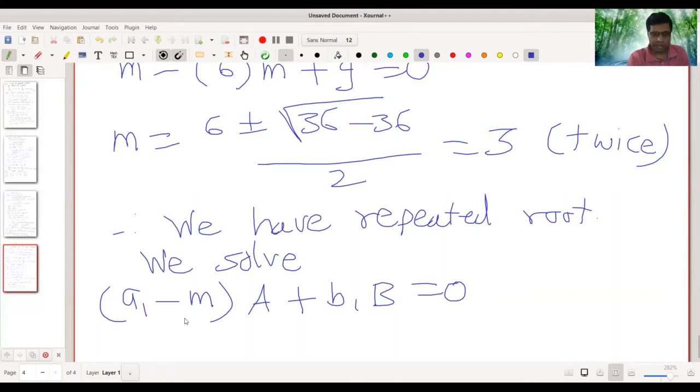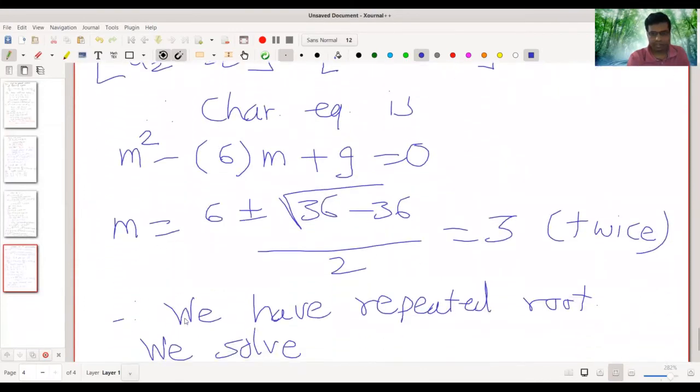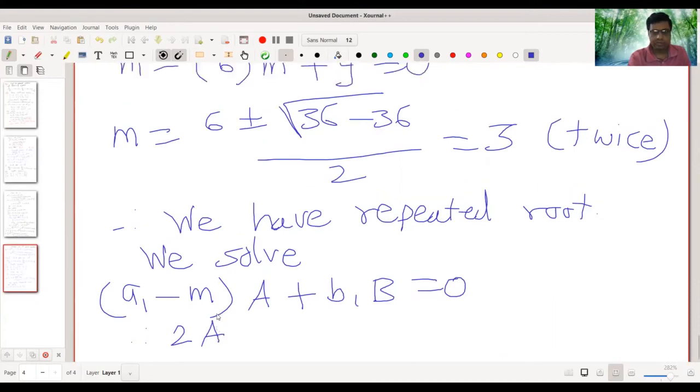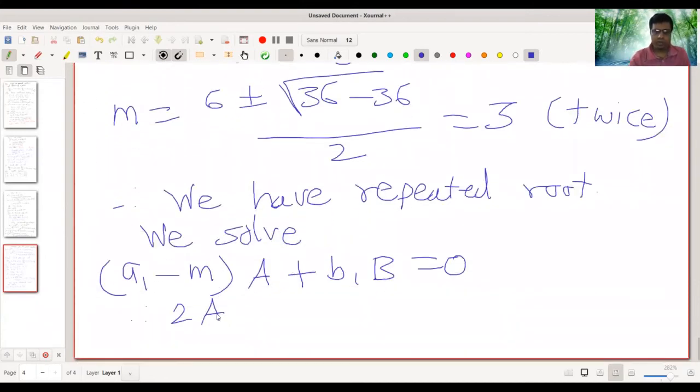So here a1 minus m, a1 is 5, 5 minus 3, that is 2a, b1 is 4, plus 4b equal to 0.